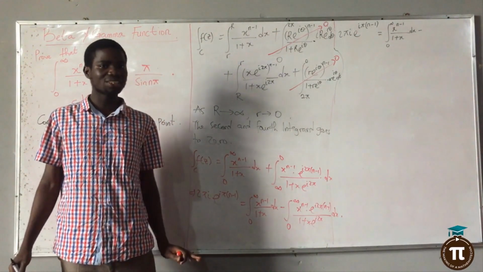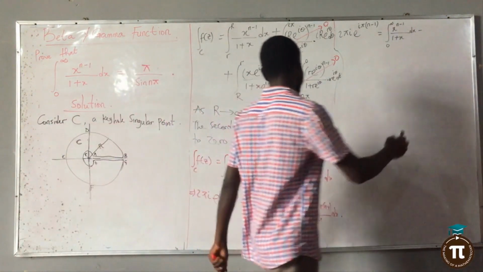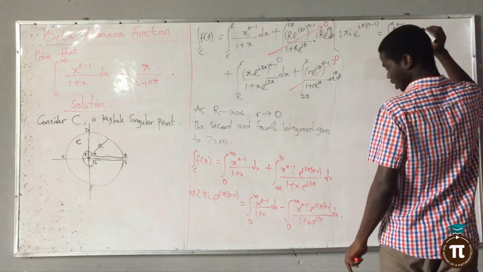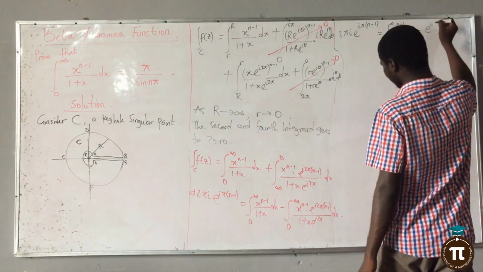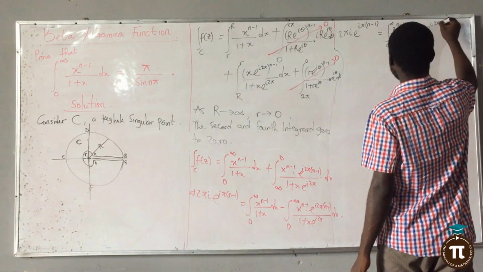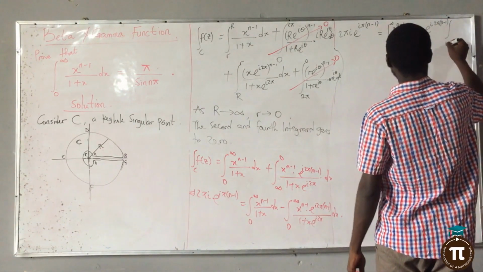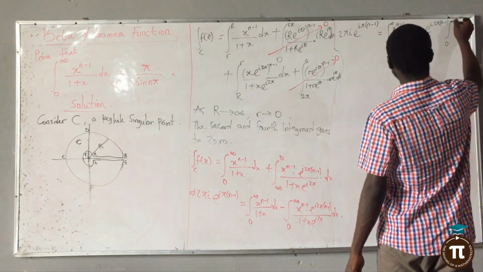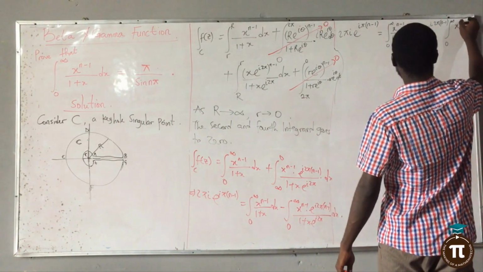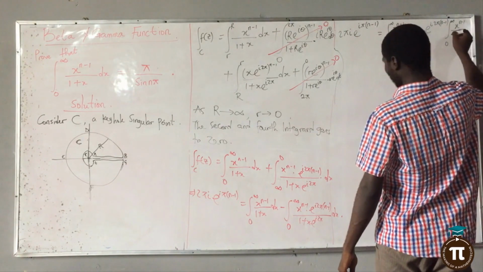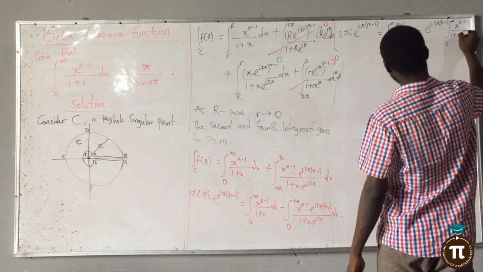It will come out of the integral, so that I will have e^(i2π(n-1)), then I will be left with the integral from 0 to infinity of s^(n-1) over 1 plus s.